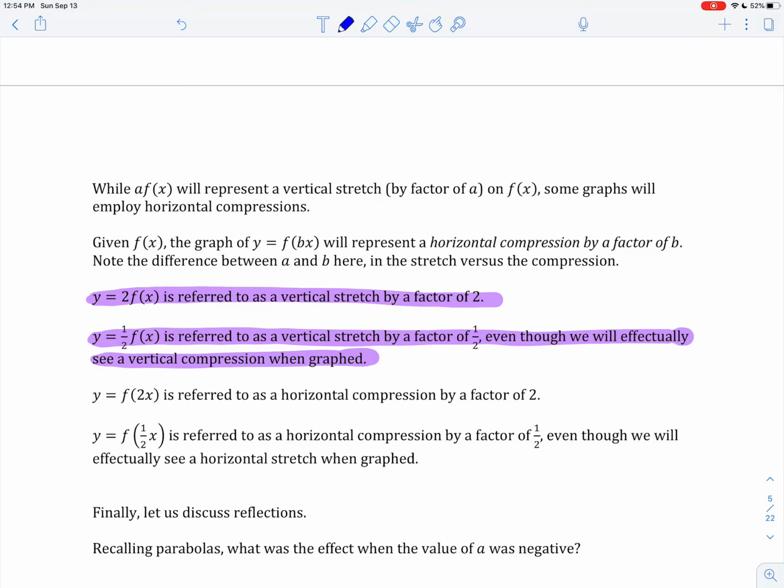And if you're going to talk about the compression, it'd be the reciprocal. So a vertical stretch factor of half is a vertical compression by a factor of 2.